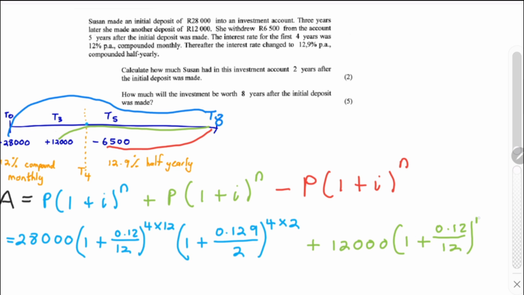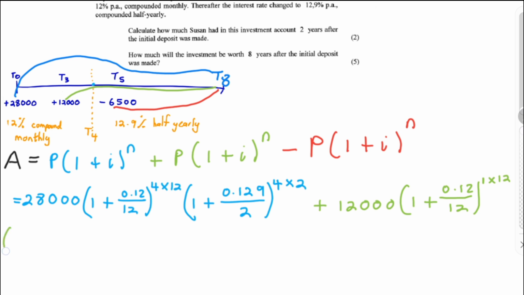So we'll say 1 year multiplied by 12, and then we'll multiply this. We'll say 1 plus, and then the interest rate from T4 to T8 was 12.9% half yearly. So it would be 4 multiplied by 2.